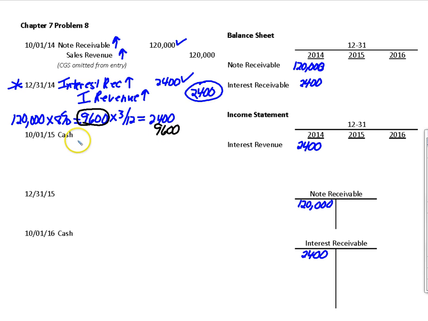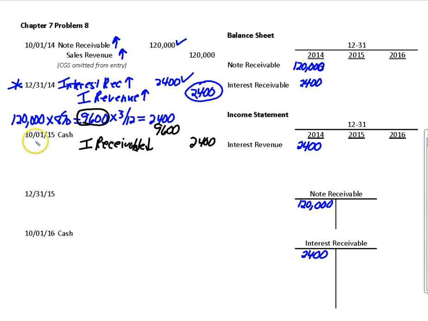And so now, what do we do? Well, they've got this $2,400 in interest receivable. So we are now collecting that. So we want to reduce interest receivable for the 3 months, $2,400.